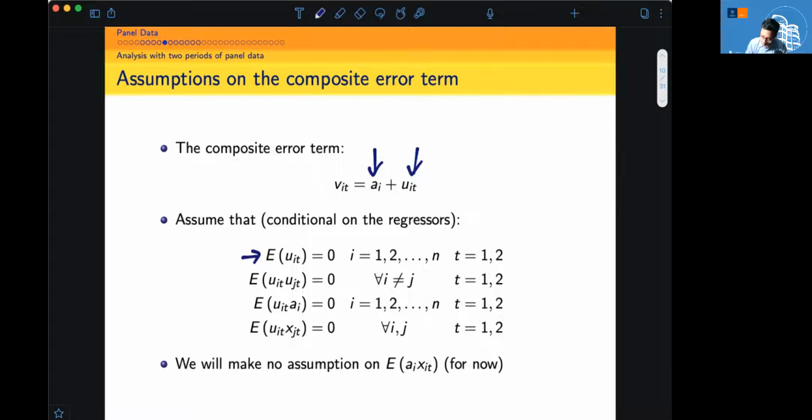And then the covariance between the shock of individual i and individual j conditional on the observables is going to be 0. It means that the shock is specific to that individual and it doesn't affect the other individual.